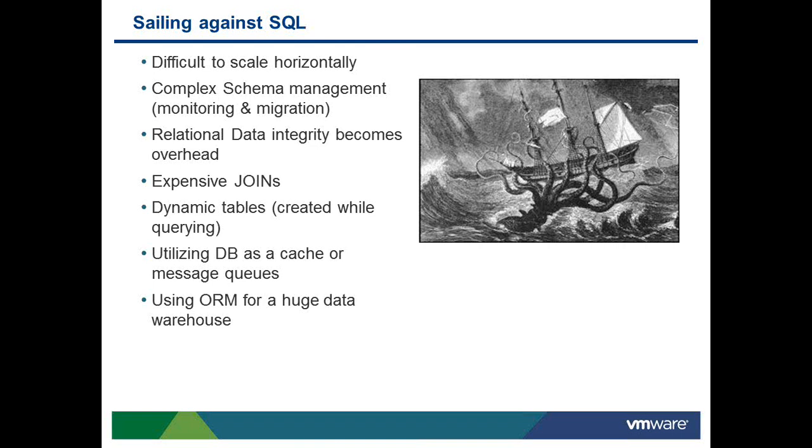And then the data integrity sometimes becomes an overhead, because sometimes application level data integrity gives us more flexibility compared to database level integrity. In this way, database level data integrity is becoming a huge overhead.